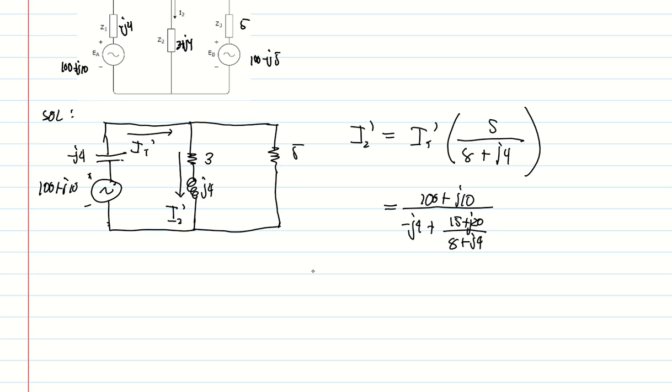So this is our I total prime. Then we multiply this with 5 over 8 plus j4. From here, we can use our calculator to solve for I2 prime.